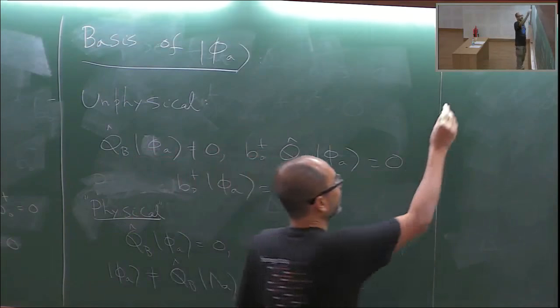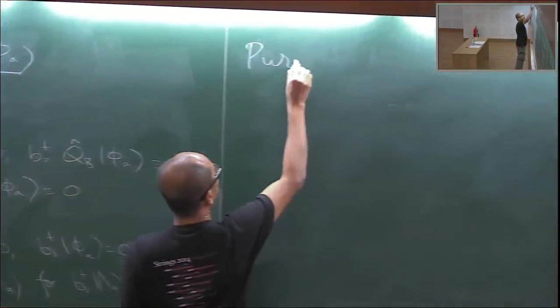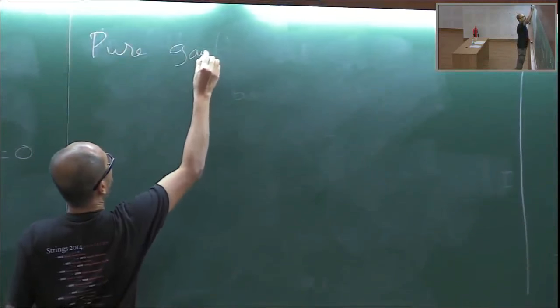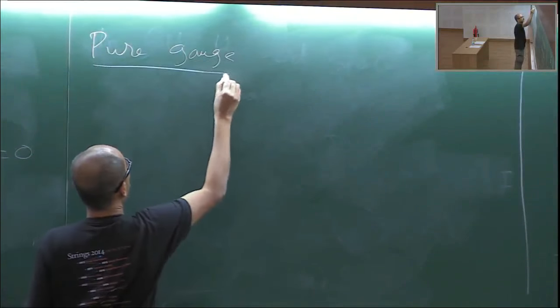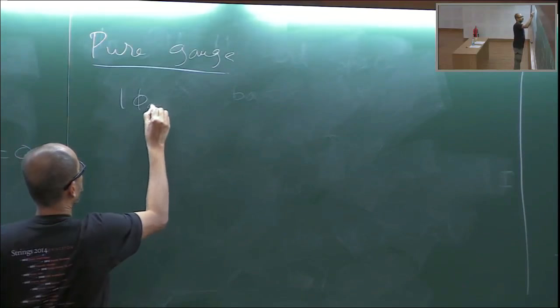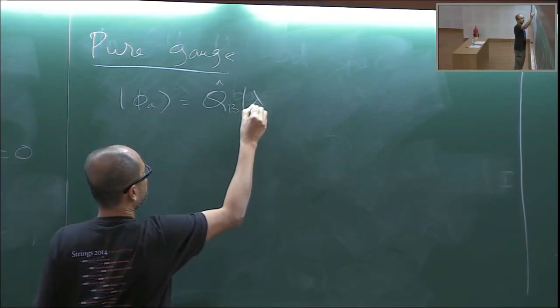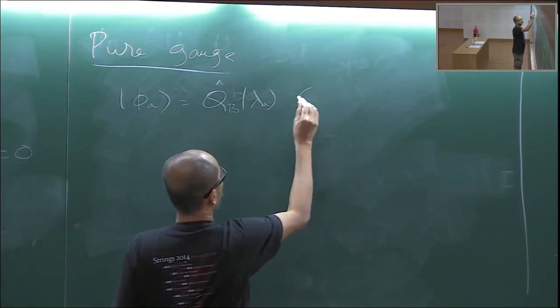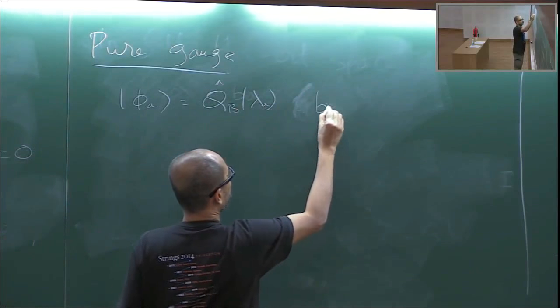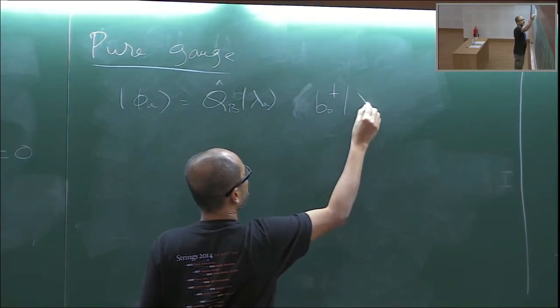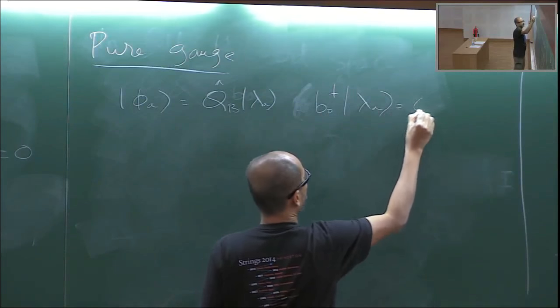And then you have pure gauge, where phi a is QB hat lambda a, with B naught plus lambda a equal to 0.